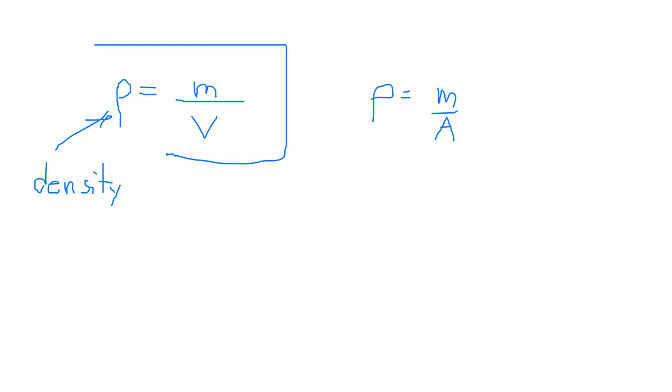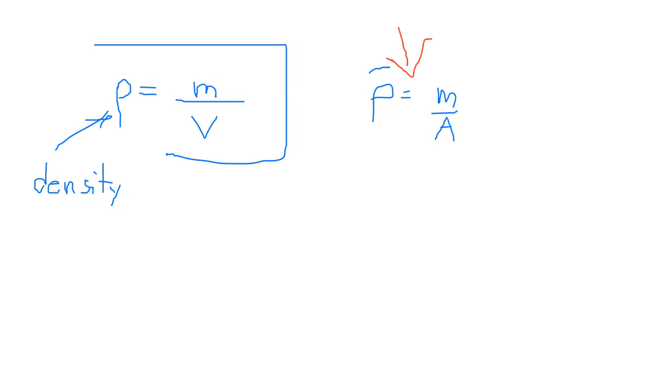How many maybe have seen this kind of treatment of density in one of their courses, in a physics course? Has anybody seen the center, the moment, the center of mass of a lamina? Okay, all right, good. Excellent.